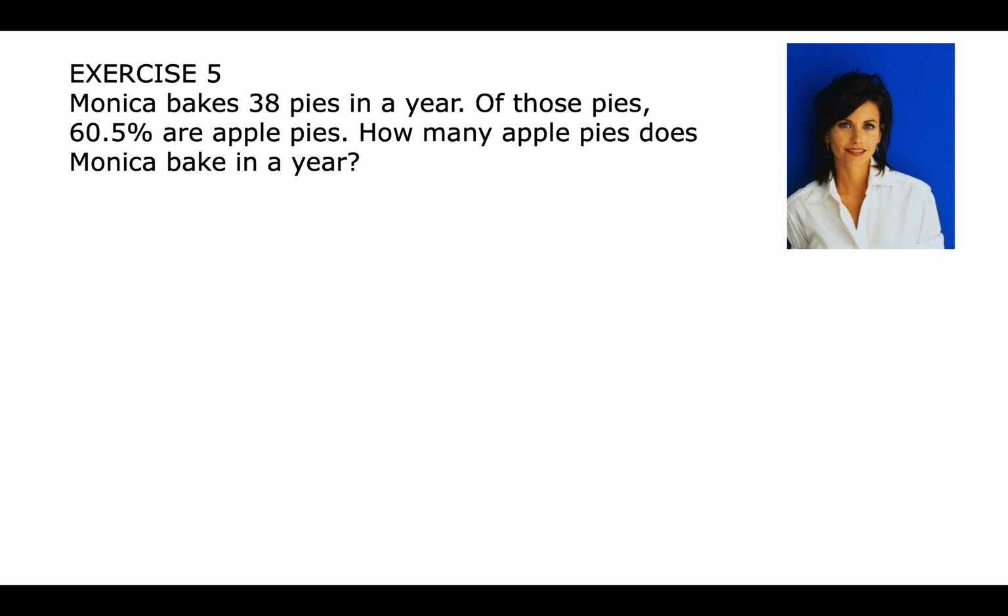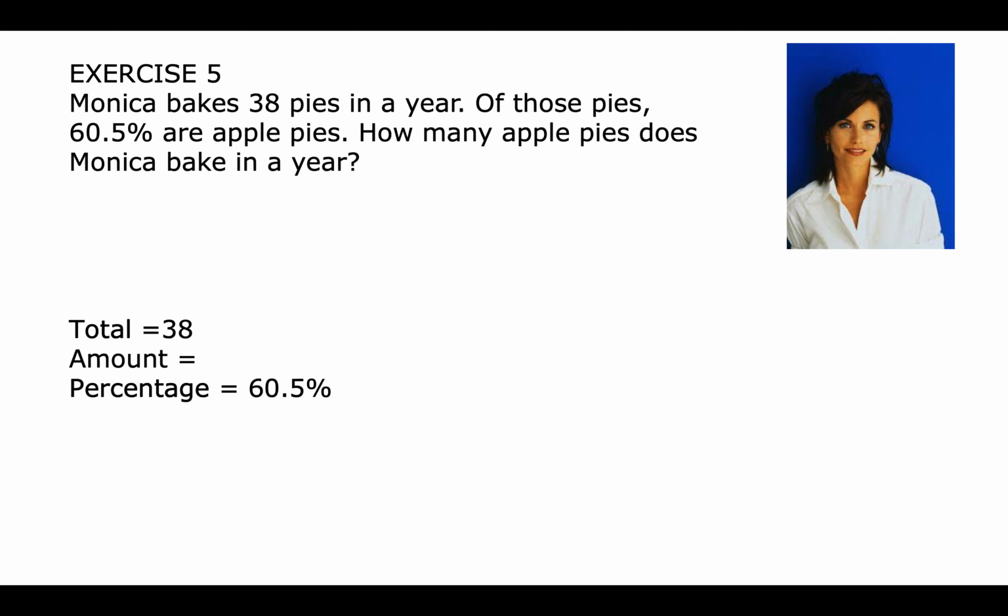Exercise 5. Monica bakes 38 pies in a year. Of those pies, 60.5% are apple pies. How many apple pies does Monica bake in a year? Well, the total is 38 pies. The amount we don't know, but the percentage is 60.5% apple pies. And the question is, how many apple pies does Monica bake?